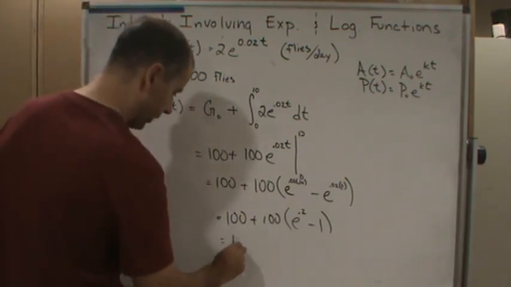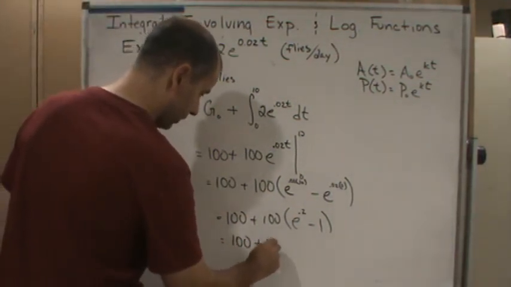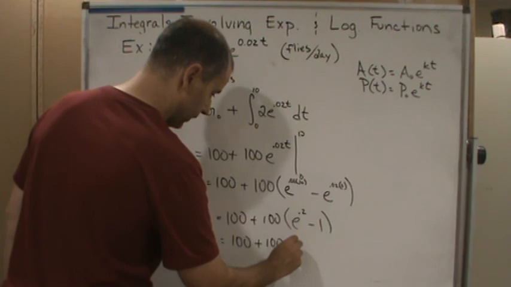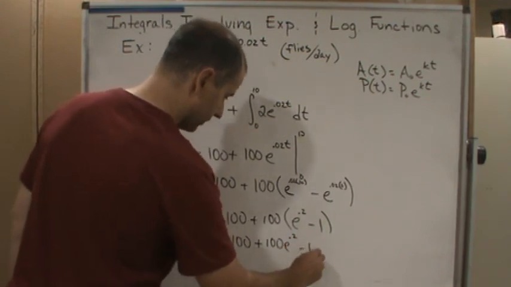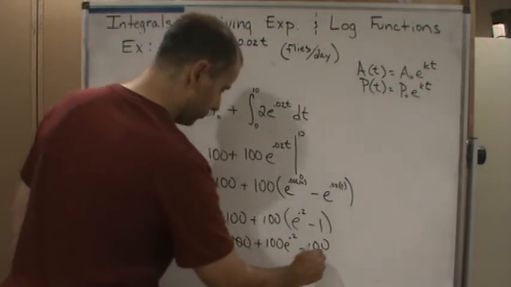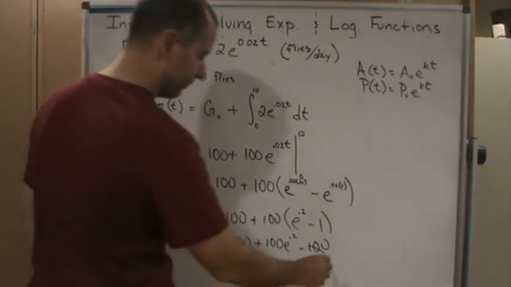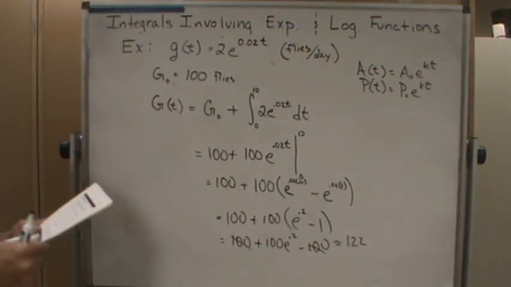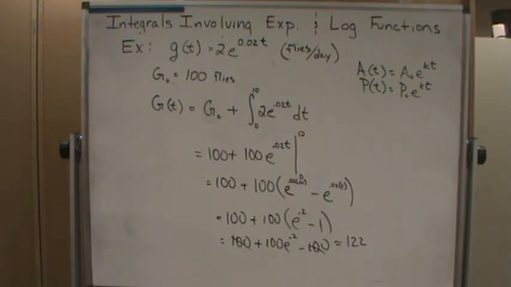So then I get 100 plus 100 e to the 0.2 minus 100. Look at that, the hundreds drop out. I get exactly the same thing I got before, which is approximately 122 flies. So either way, I got the same answer. Okay. Have a great day.